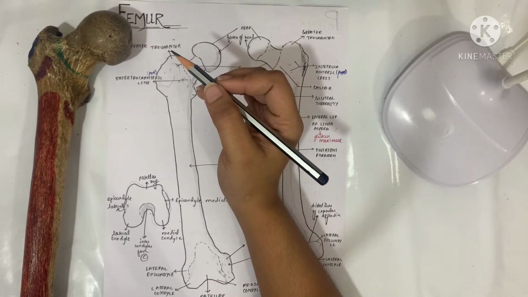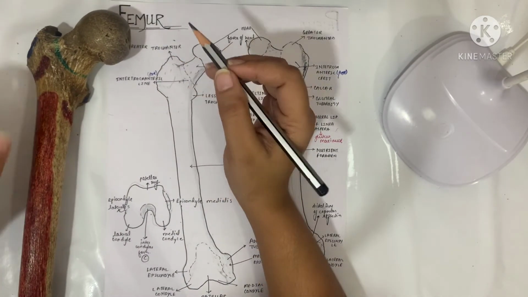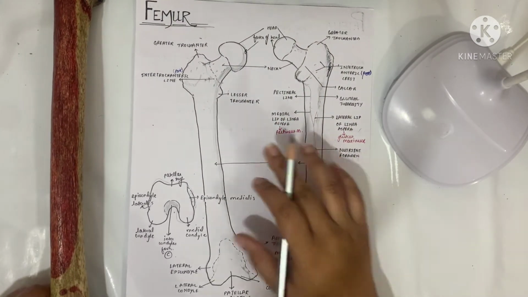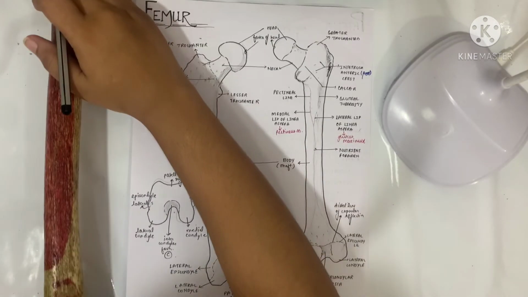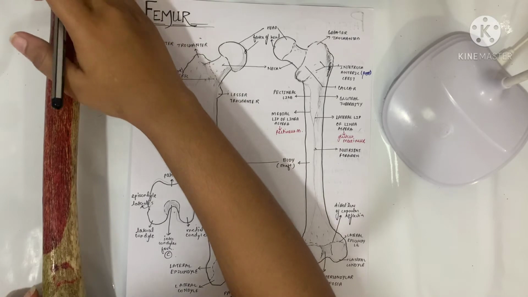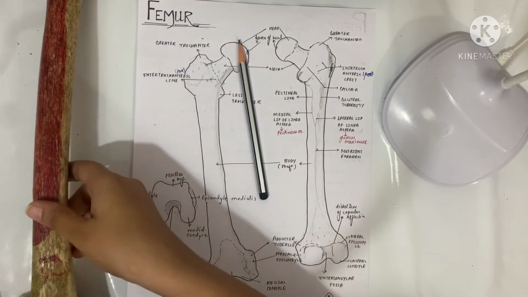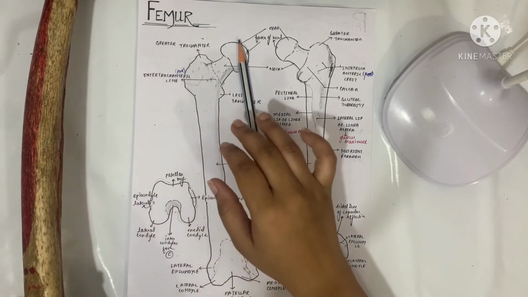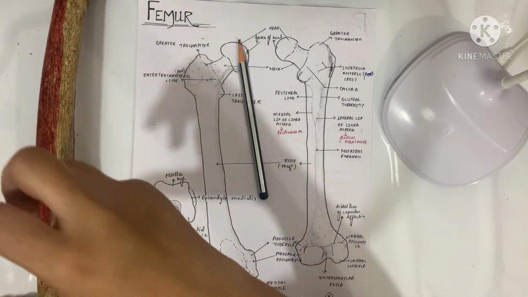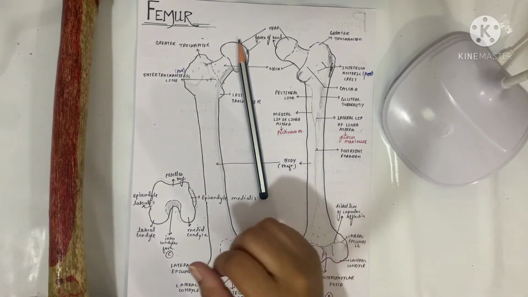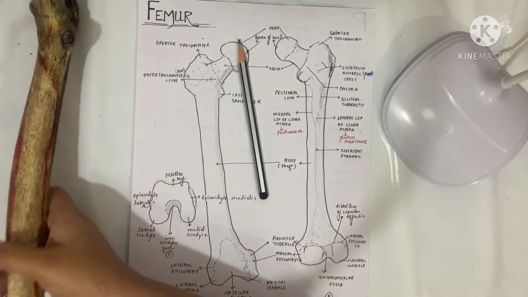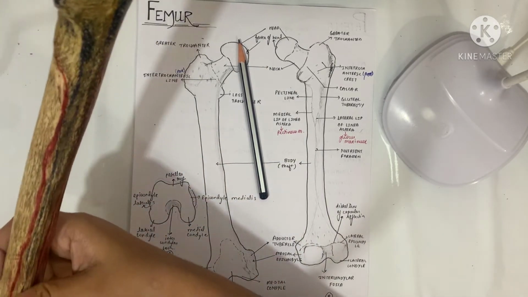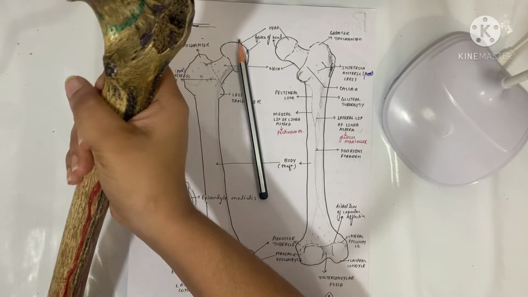Then coming to the next point, that is the shaft of the femur. So basically this is the shaft of the femur. See, it is convex forward, to carry the body weight line. Its middle one third has three surfaces, while upper and lower thirds have four surfaces.